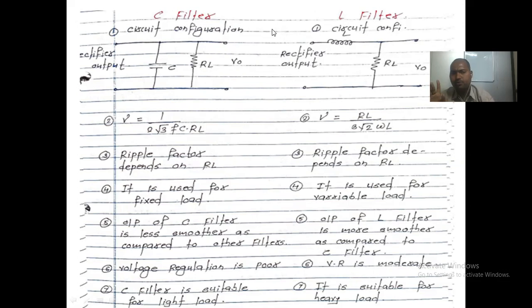The capacitor type of filter is not used for heavy load, it should be used for light load, meaning small devices such as a radio or walkie-talkie. When we have a high load such as a TV or fridge, or any other load requiring more voltage, in that case we have to use the L type of filter.